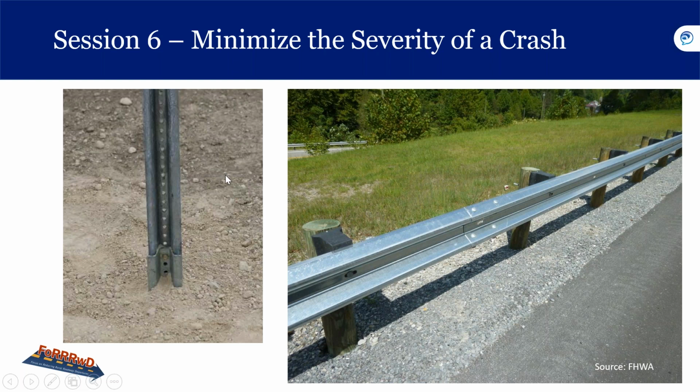On the left here, we see a breakaway signpost, the hardware for it. And on the right, we see a picture provided to us by NCHRP, showing the testing of a type of guardrail.